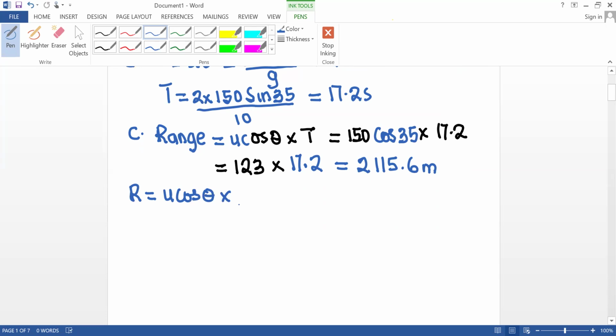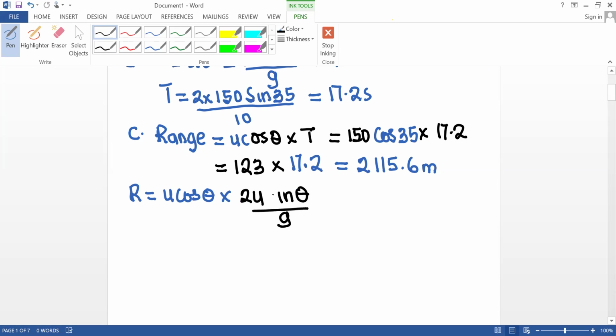The time of flight is also equal to 2u sine theta over g.